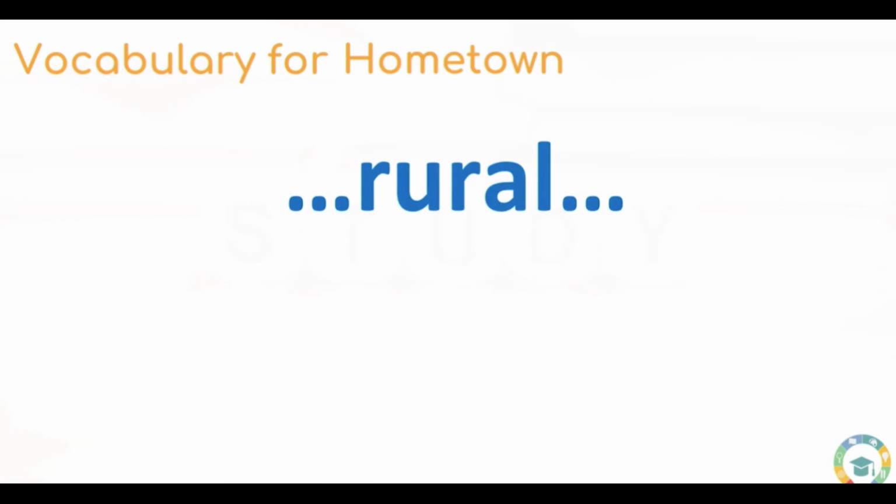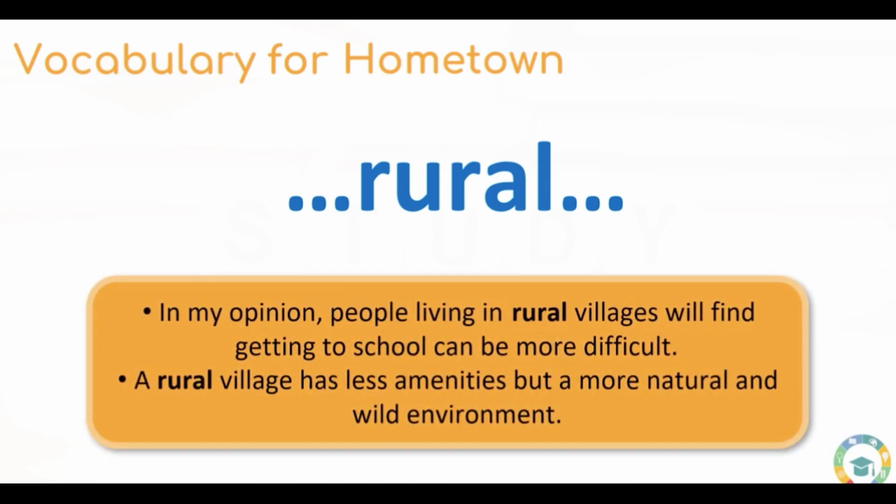Next up, we have rural. Rural is used to describe places that are very remote and far away from pretty much anything. For example, if your hometown is 300 kilometers from the nearest city, it might be considered a rural area.